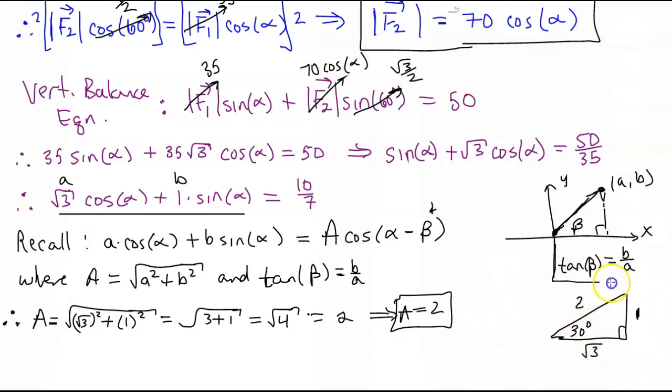So even though I could use this particular formula here, since the A and the B worked out to be nice and easy, I'm just going to avoid that and just say, all right, well, beta here is 30 degrees.